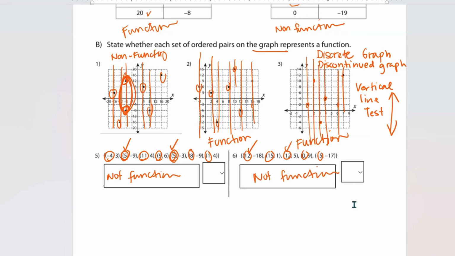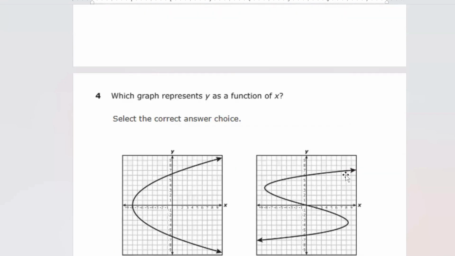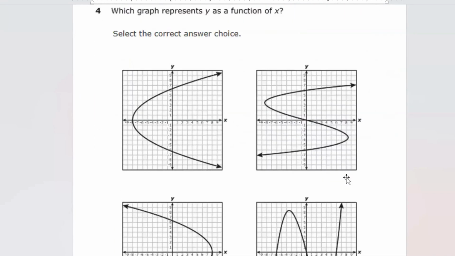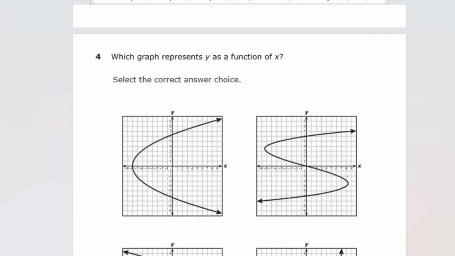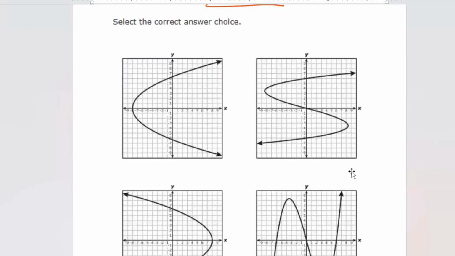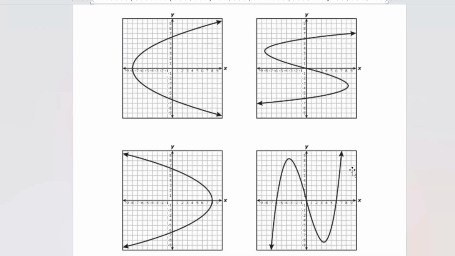Here we go. I guess this is the last question. Which graph represents y is a function of x? They're just asking which is a function. Select the correct answer. Again, we're going to conduct a vertical line test, VLT. The first graph, I hit twice, not function.